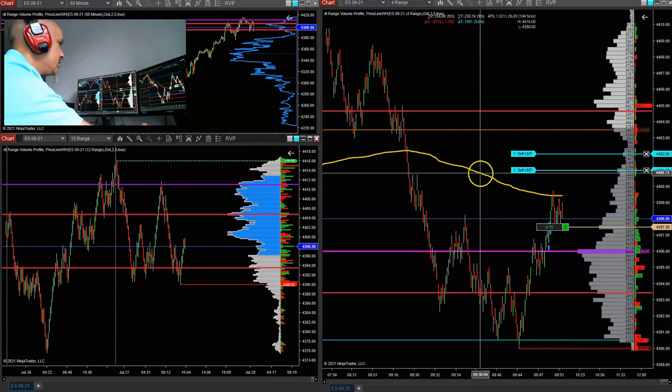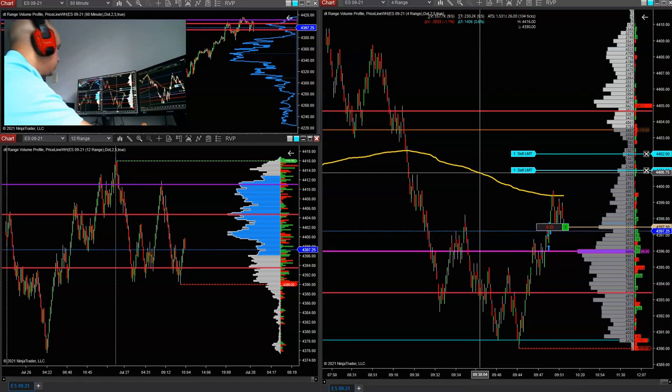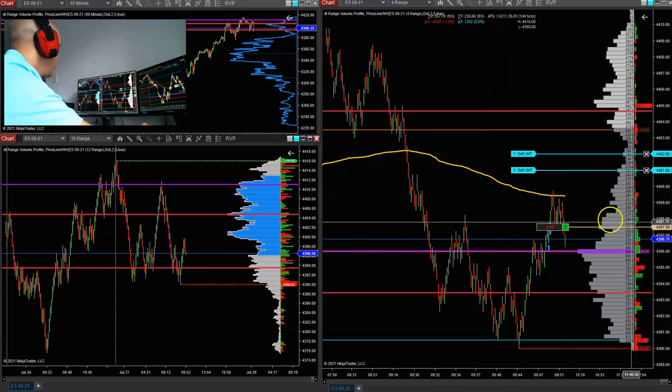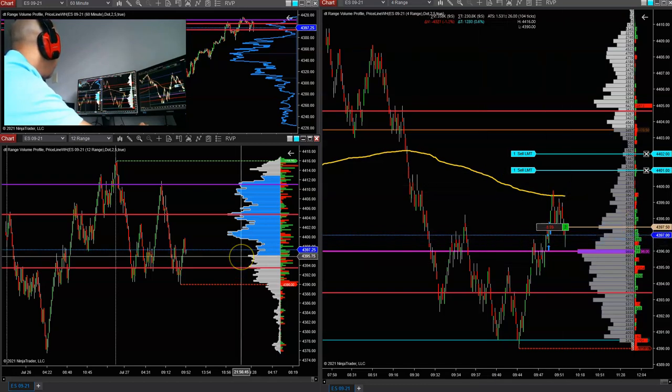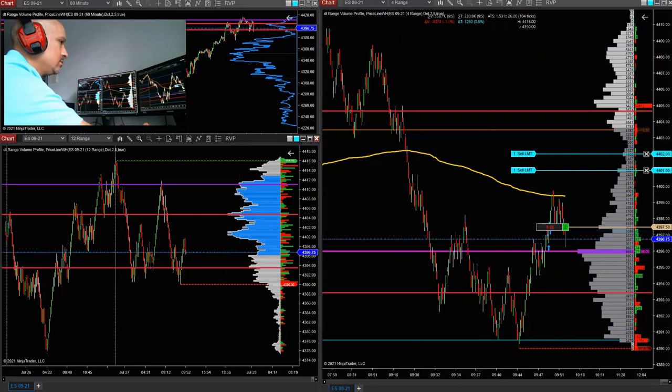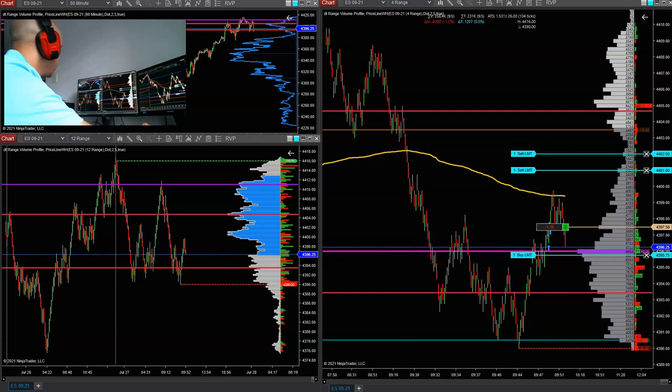So we'll see what happens. I did mention price can pull back. We can pull back to the 43.95 area. I'll put another contract on right there.